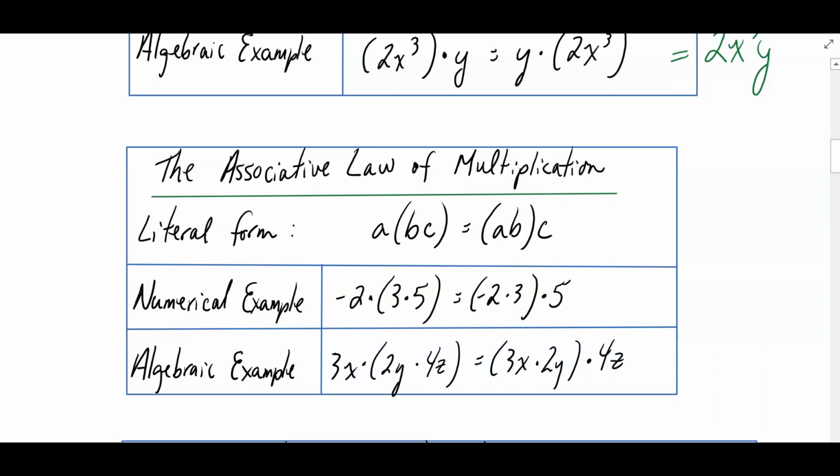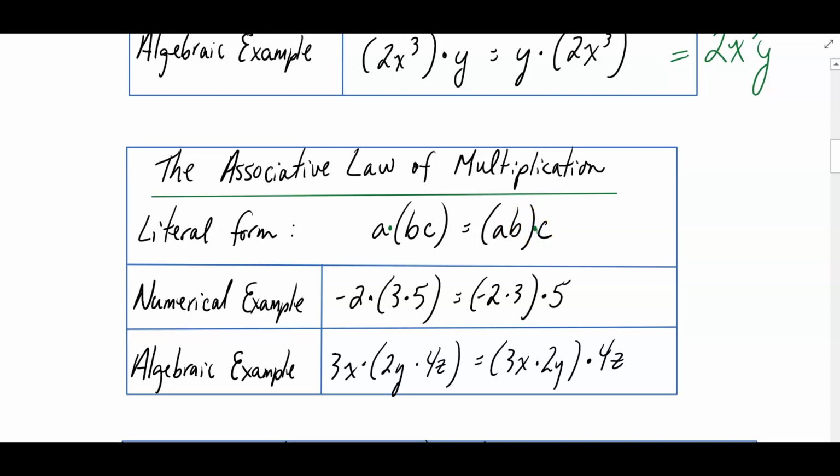There is also the associative law of multiplication. Associative means that we can group the factors in any order and we will still get the same result. Look at the literal form. a multiplied by the product of b times c is equal to a times b, that product multiplied by c.